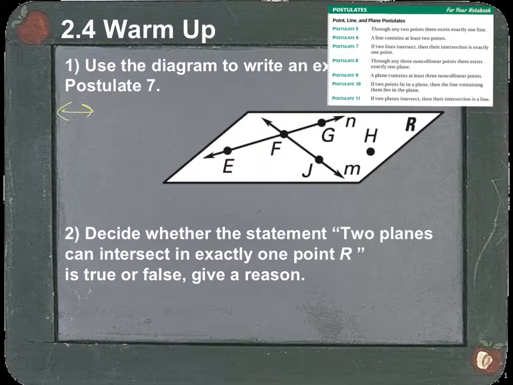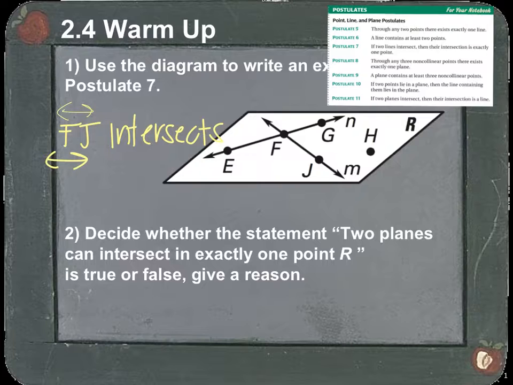So line FJ intersects line EG at 1 point, or at point F. You could have called it FJ and EF, right? That's the same line. You could call it line M and line N. Those are also names for that line. Anybody else give something different that they want to see if it's right? Or everybody had something like that?